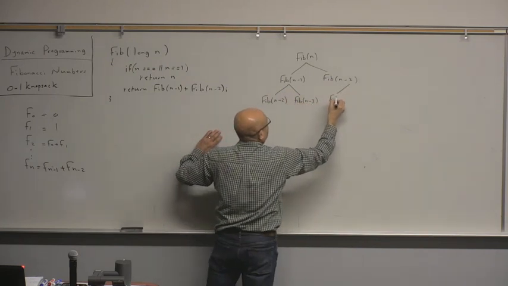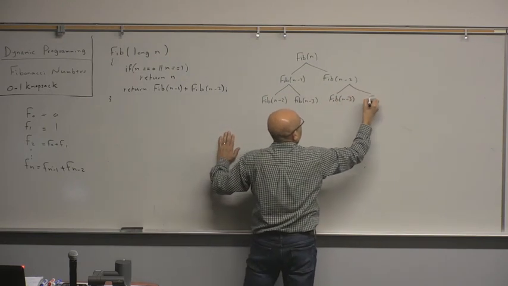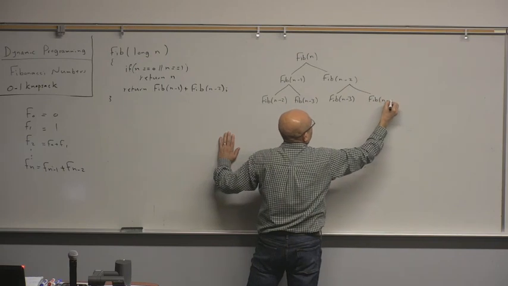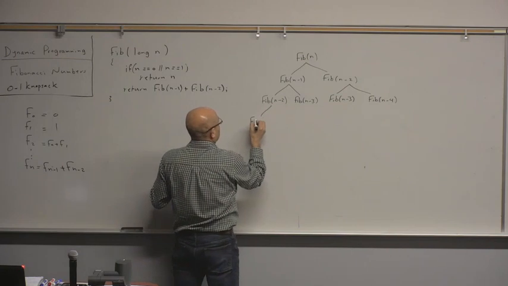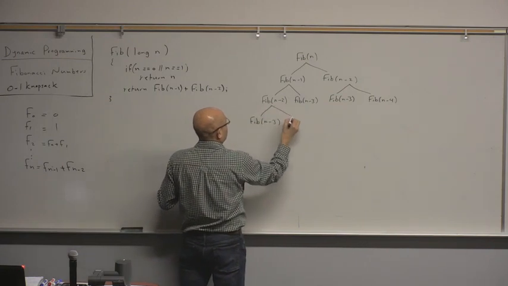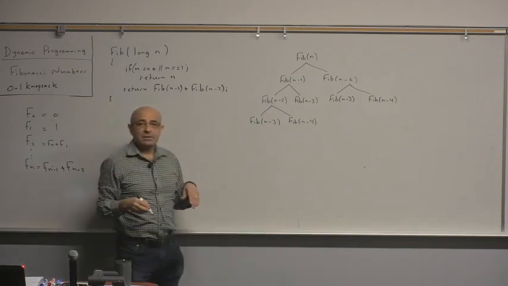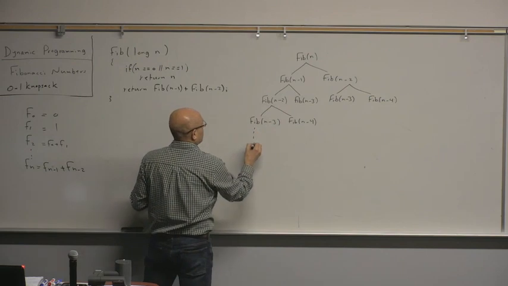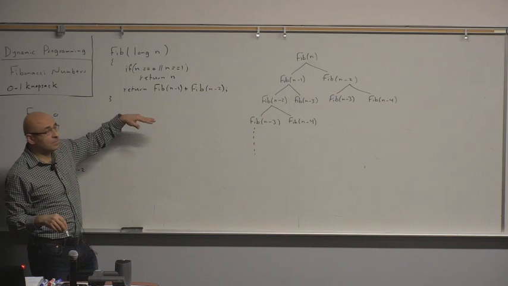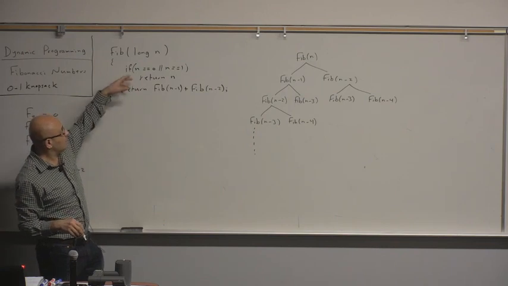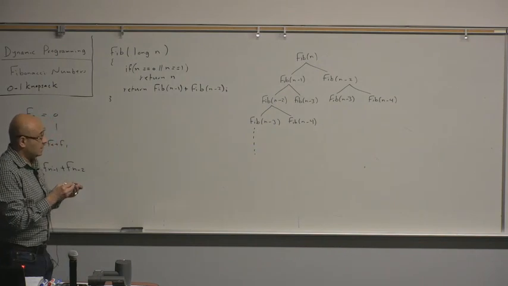And this is going to call Fibonacci of n minus 3 and Fibonacci of n minus 4. And this is going to call Fibonacci of n minus 3 and Fibonacci of n minus 4. And we will continue until we get to Fibonacci of 0 and Fibonacci of 1, which are the base cases.